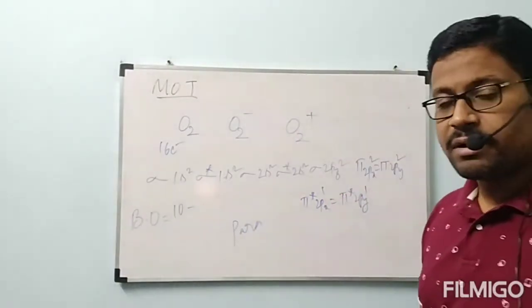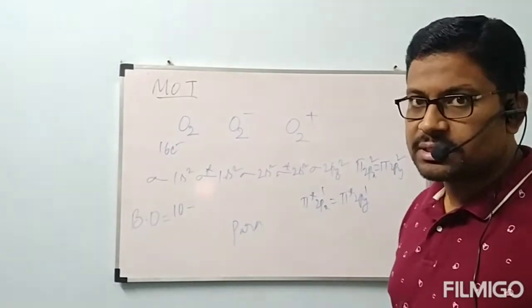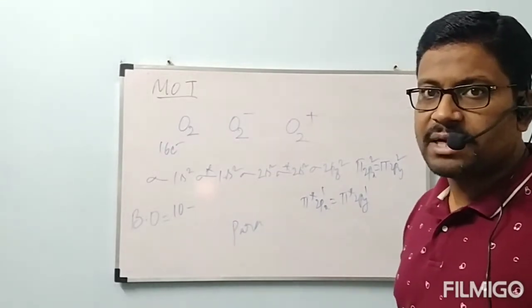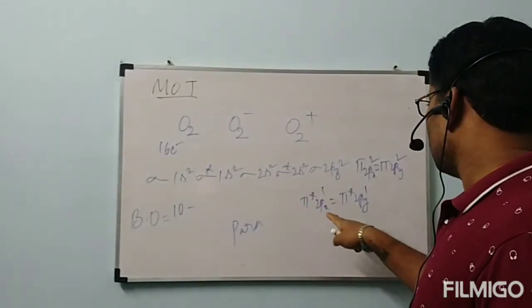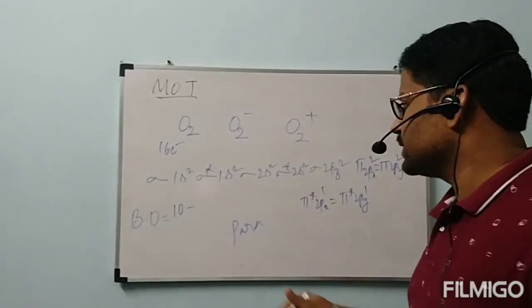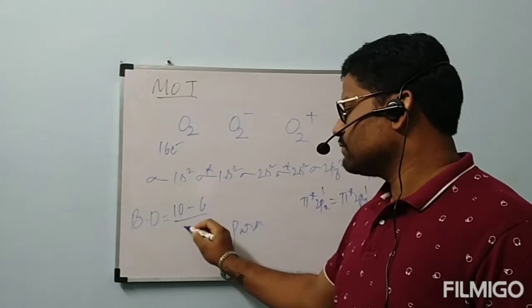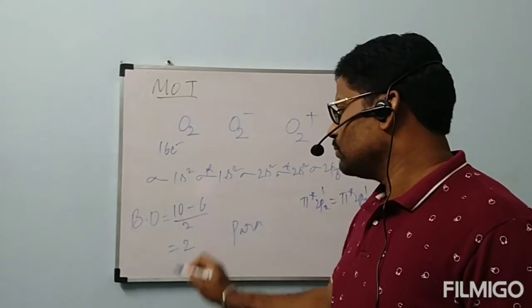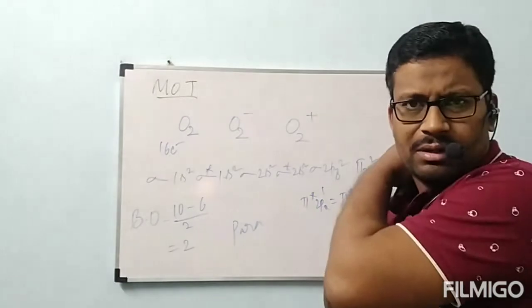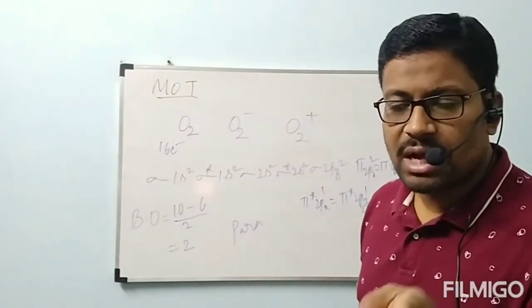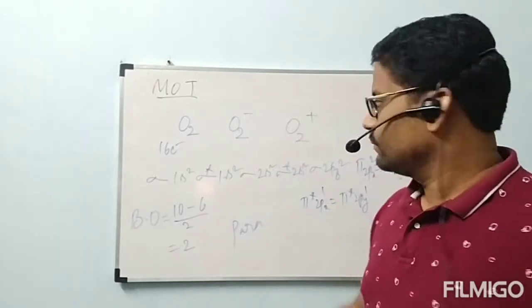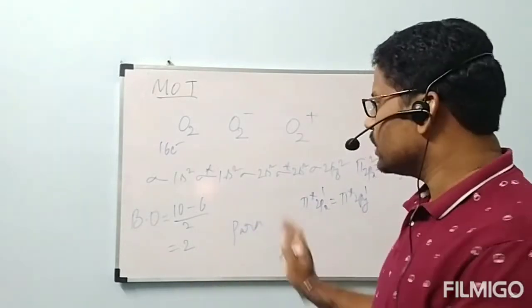Minus the number of electrons in anti-bonding molecular orbitals: 2, 2, 4, 4 plus 1 is 5, 5 plus 1 is 6. So 10 minus 6 is 4, by 2, is 2. Bond order 2 represents that the number of bonds between the oxygen atoms is 2.